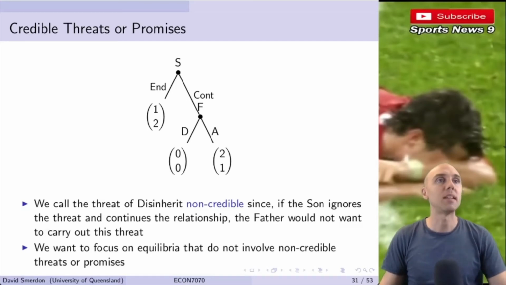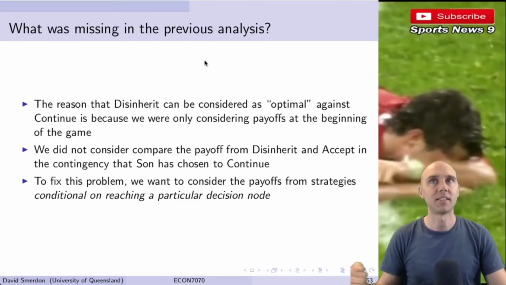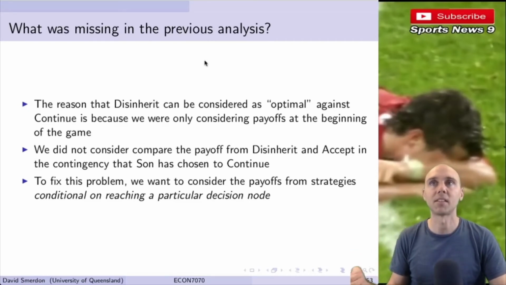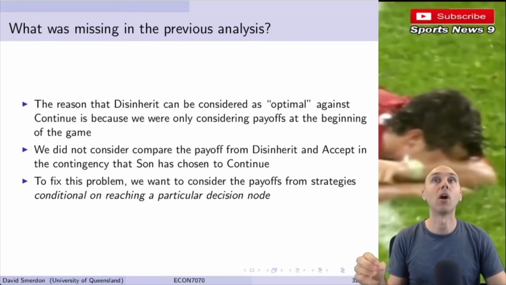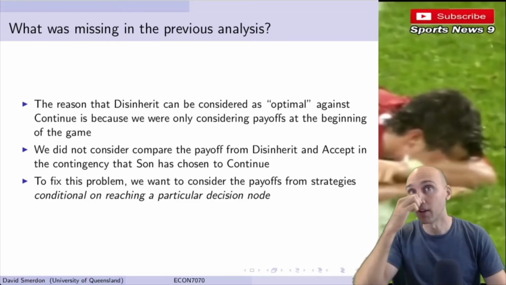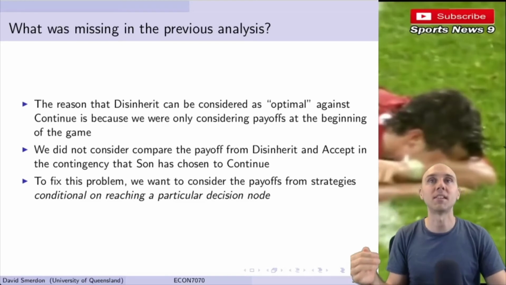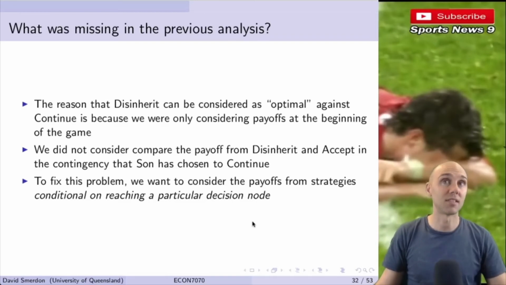So what do we need to do to make this sort of refinement? What are we missing? Well, the reason that this disinheriting or disavowing is considered optimal against continue is because we were only considering the payoffs at the very beginning of the game, but we didn't take into account comparing the payoffs from disinherit and accept in the contingency plan where the son chooses to continue.